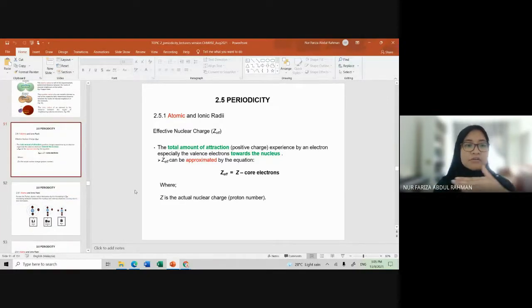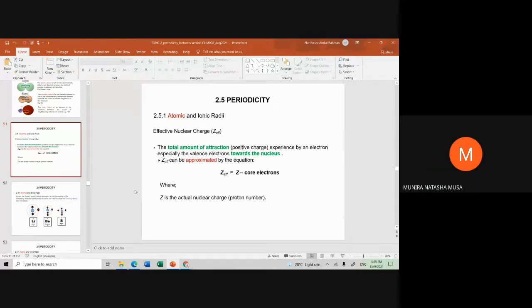Going across the period, and then we also have going down the group. In terms of going down the group, what needs to be highlighted? Shielding effect. Yes.